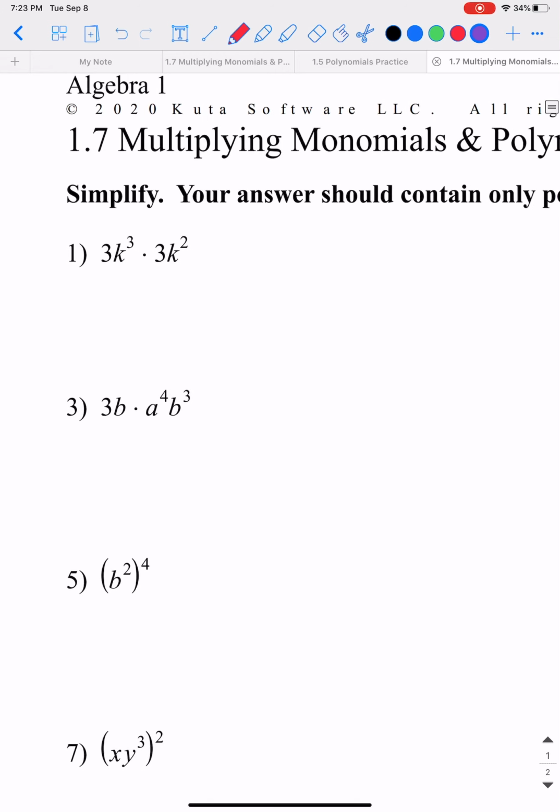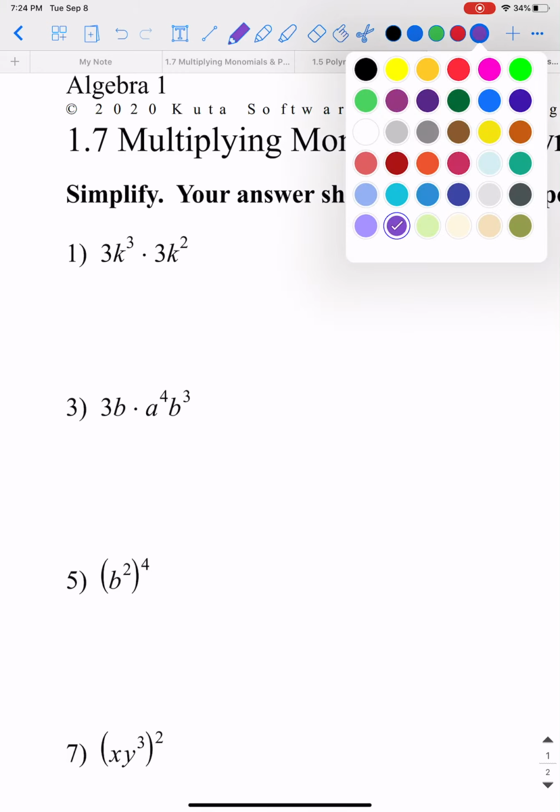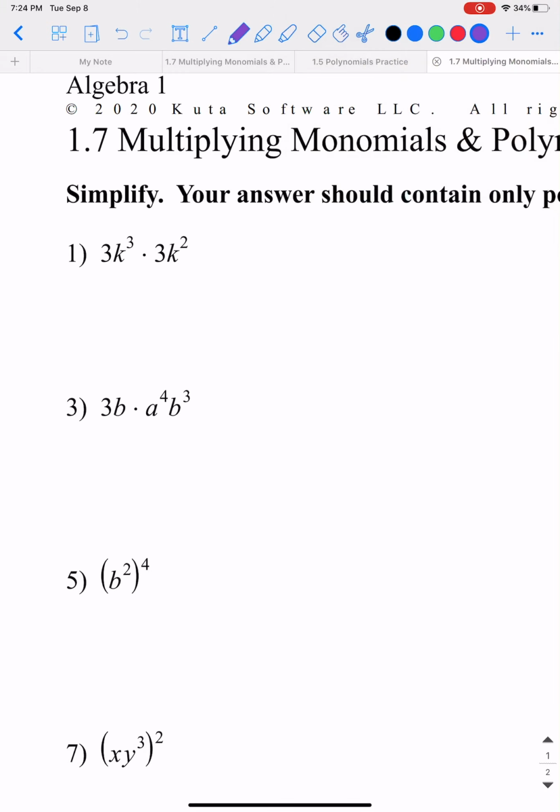So I'm going to do number 1 first. Our directions tell us to simplify, and it says that our answers should contain only positive exponents. Okay, so when we are multiplying two monomials together, remember when they have the same variable, we add the exponents, okay? But the first thing you have to remember to do is to multiply your coefficients.